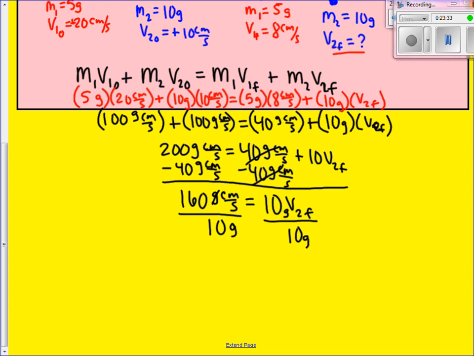That makes the grams cancel out there. And I end up getting V2 final is equal to 16 centimeters per second. And notice it's positive, so marble B would still be moving in the same direction.